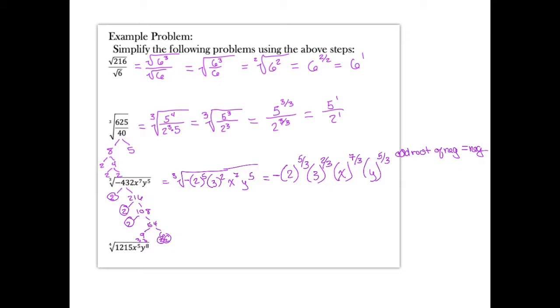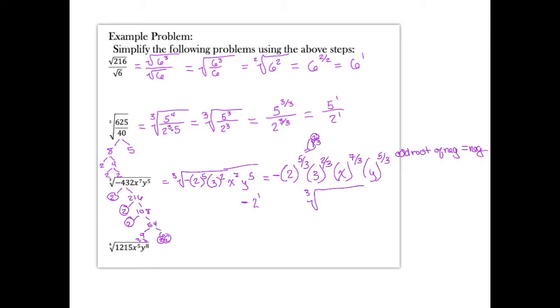Okay, so in this case, you can see that 3 isn't going to go into any of these numbers evenly, so that means we're still going to have a cube root. Okay, so 5 divided by 3, our answer is negative here. 5 divided by 3 is equal to 1 2/3. This 2 is the remainder. This is what we're talking about, the whole number for the exponent outside.